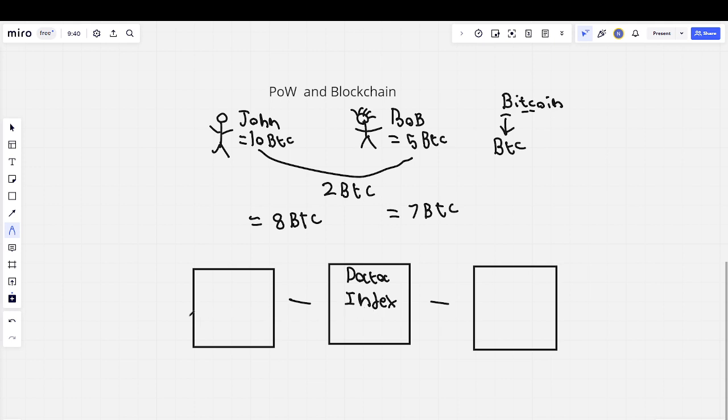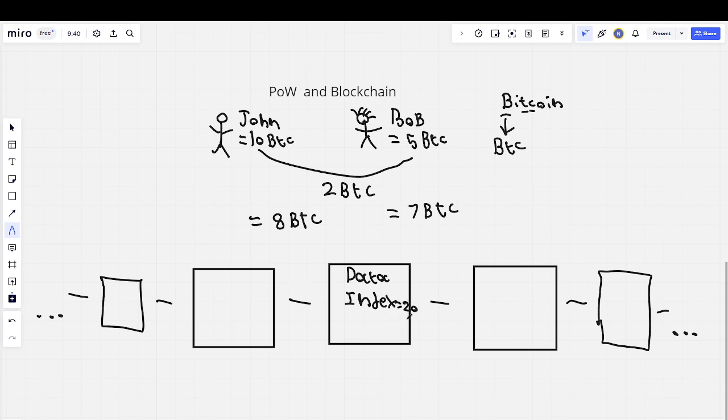So, in this blockchain, say there's a lot of blocks, and it keeps going from both sides. What this index tells us is the place in the blockchain that this block is located. So, let's say the index is equal to 20.